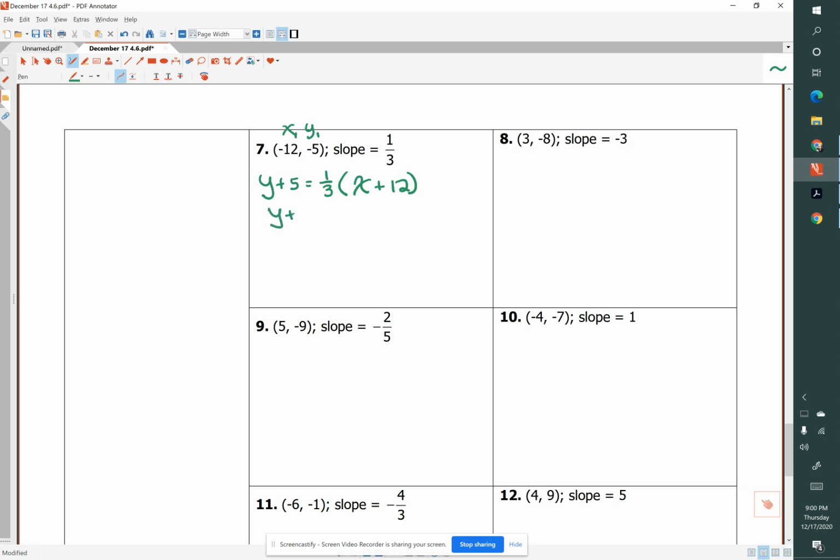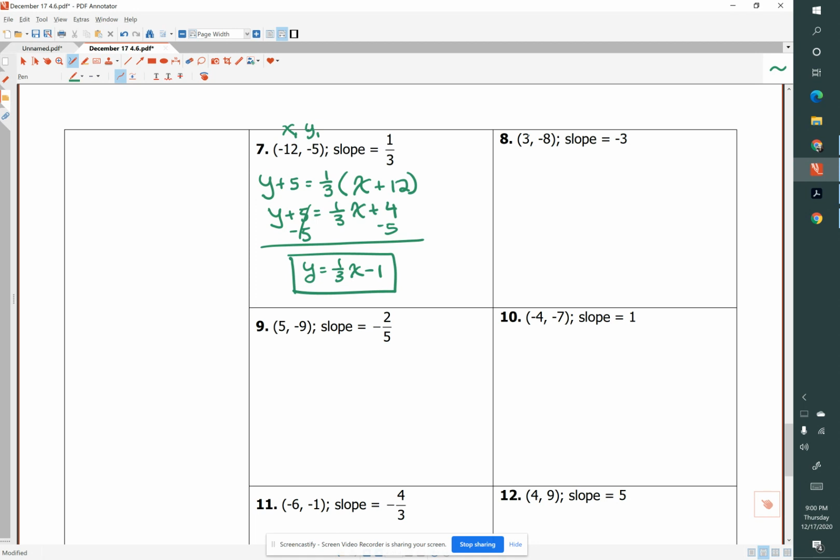Next thing we do is distribute. So we have 1/3 x, and 1/3 of 12, positive times a positive, so that would be positive 4. 1/3 of 12 is 4. We subtract 5 from both sides, and y equals 1/3 x minus 1.